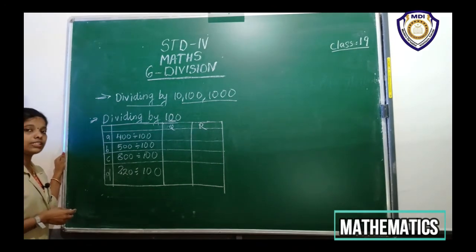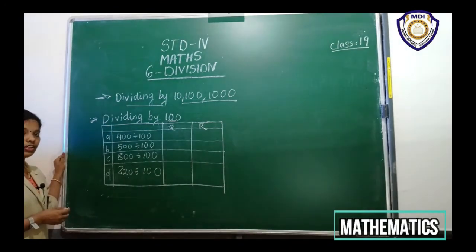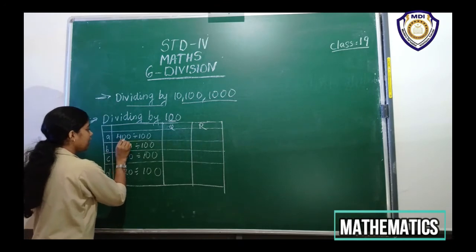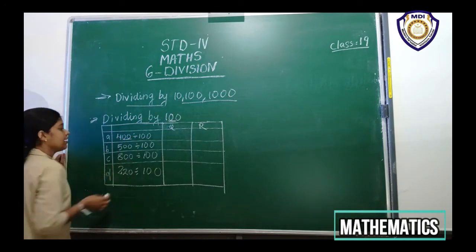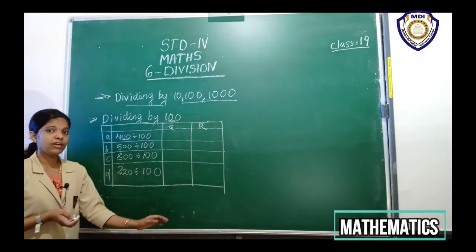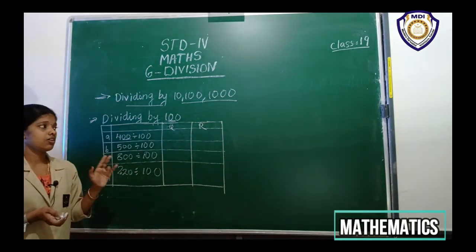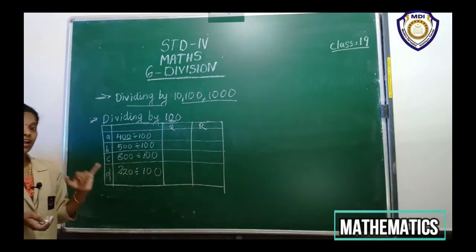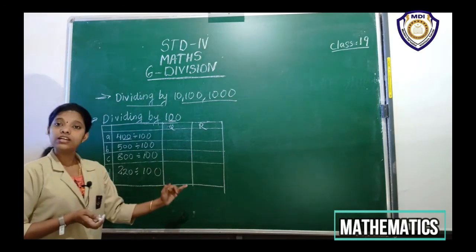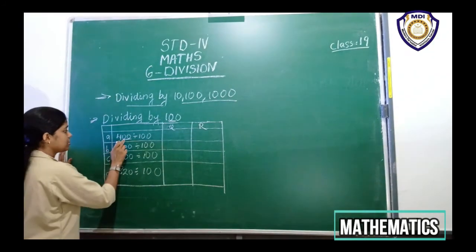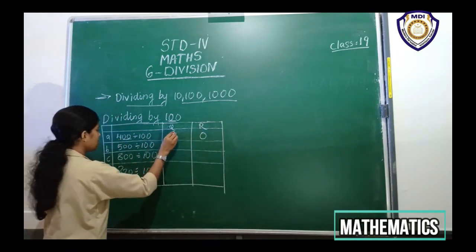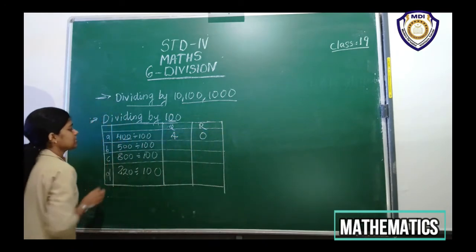400 divided by 100. In 400, how many zeros? 2 zeros. In dividing by 100, the last 2 digits are the remainder, that is the ones and tens place digits. Here the remainder is 0, and the quotient is 4.